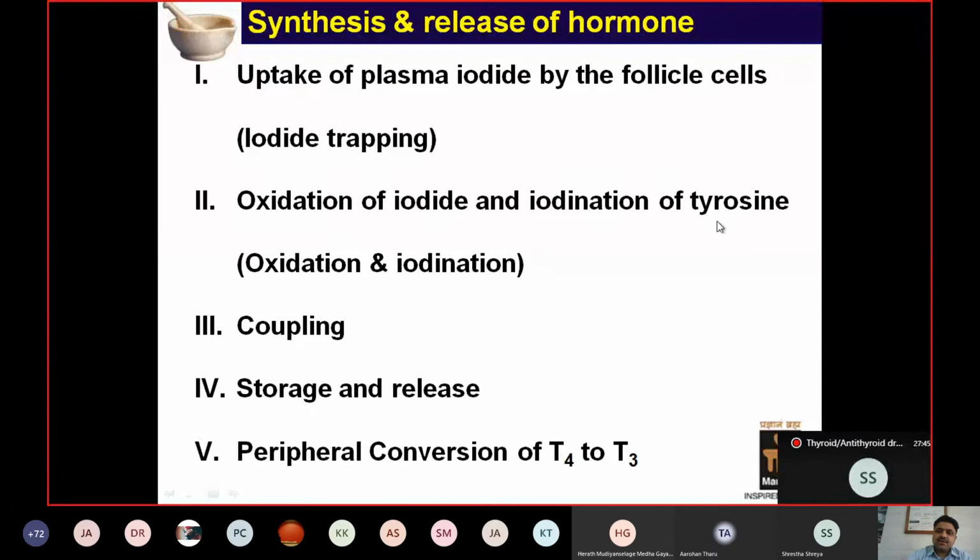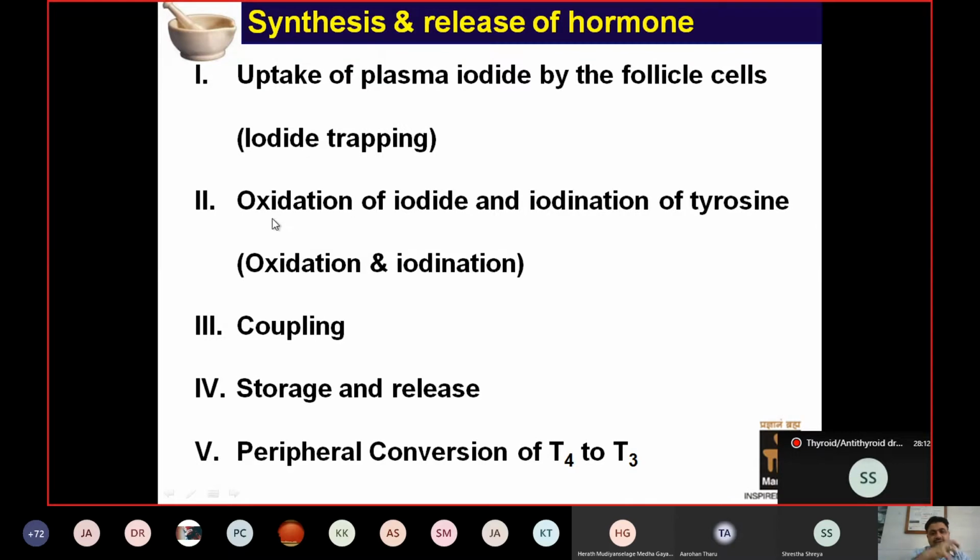In thyroglobulin there are residues of tyrosine, as we said, and that tyrosine will be iodinated, which we call organification, or sometimes iodination. So in physiology they may say organification, which means the same as iodination.